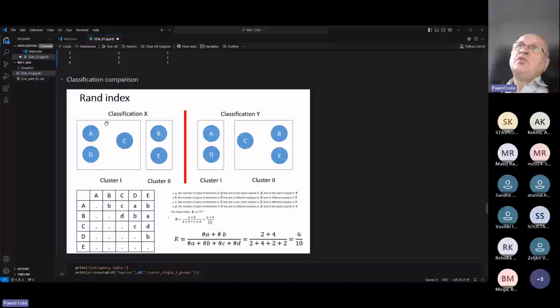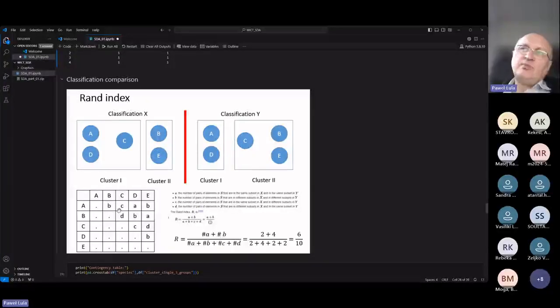When I want to calculate the rand index, I should create this table. In this table, the number of rows and number of columns is equal to the number of objects. And I fill up only the upper part of this square matrix.